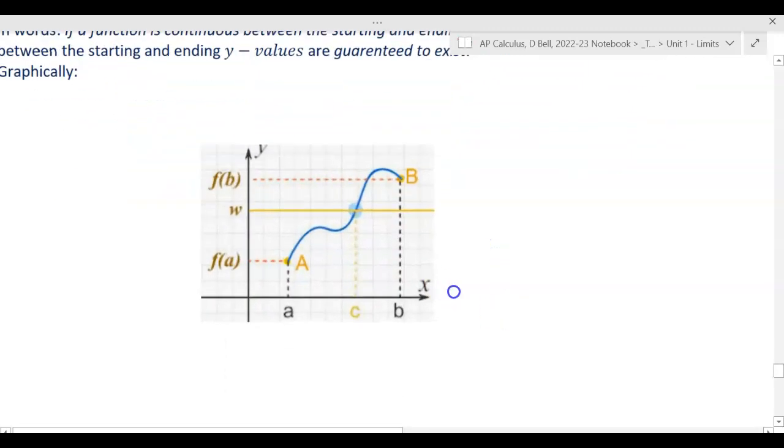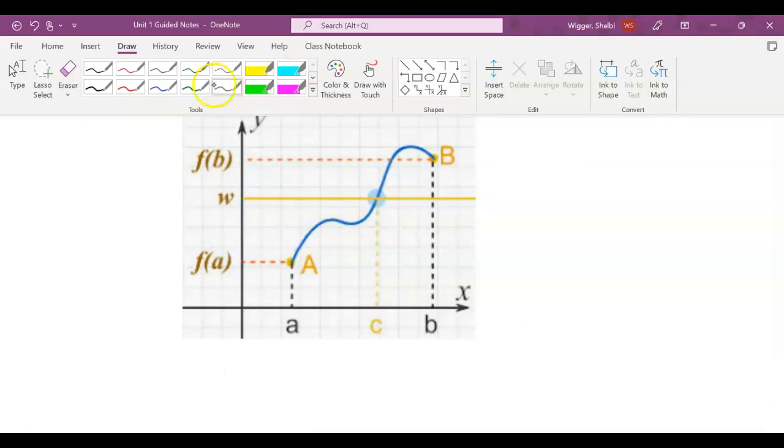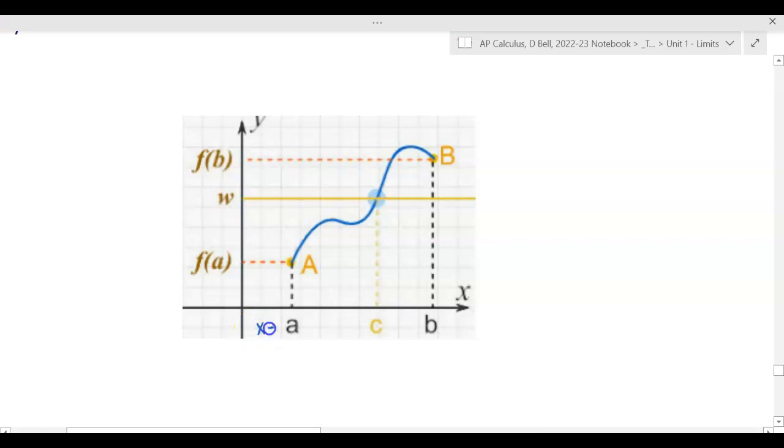So graphically it looks like this. So f of a, x equals a, and x equals b. We can see that the function is continuous between a and b, right? I can draw from a to b without ever lifting my pencil. And the values at f of a and f of b exist, right? There's a point at f of a and there's a point at f of b.